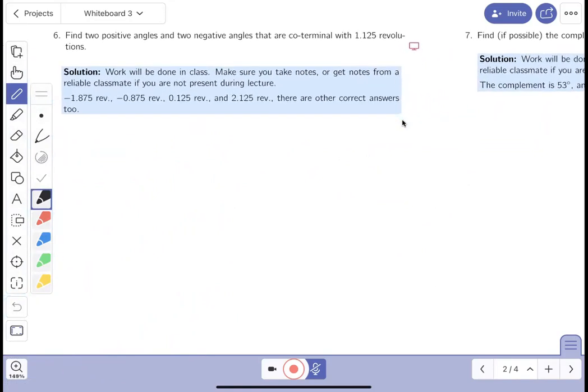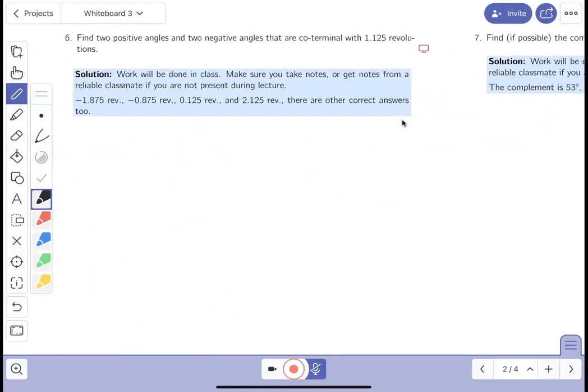And this one says, find 2 positive angles and 2 negative angles that are coterminal. And let me write this down now. This is a coterminal. I'm going to put down theta sub k. And now I got 1.125 revs plus, well, I'm going to rotate 1 more around, 2 more around, 3 more around.